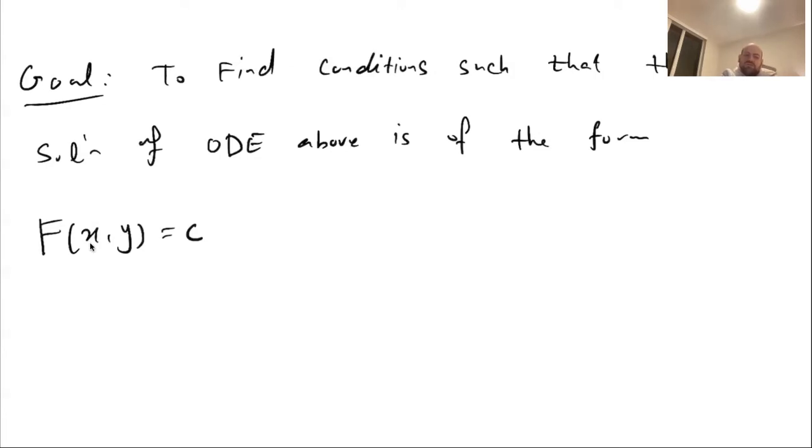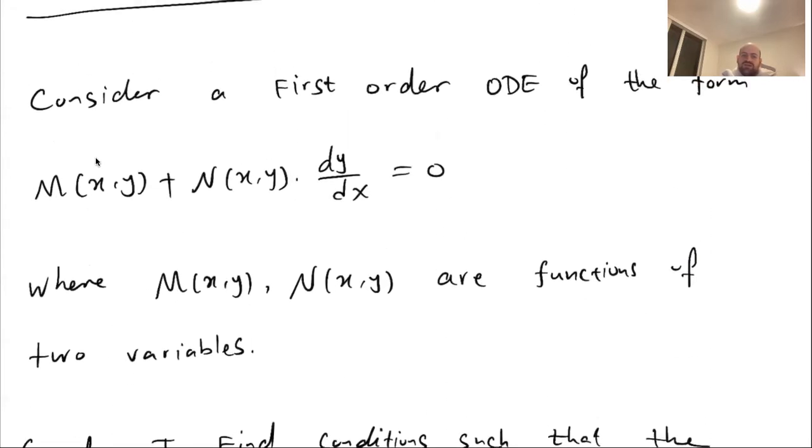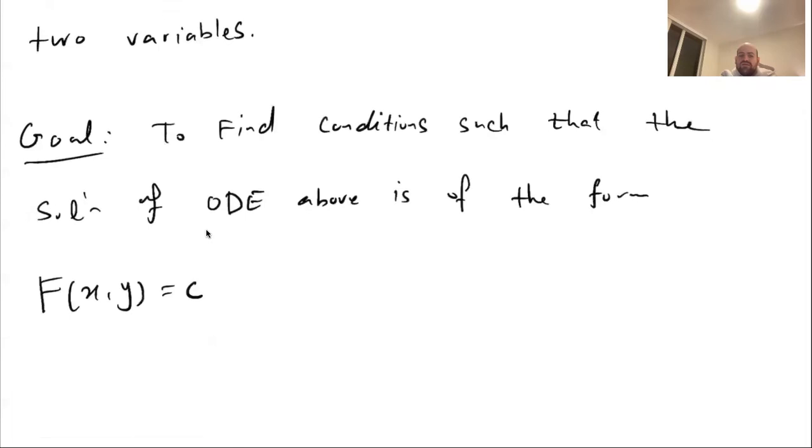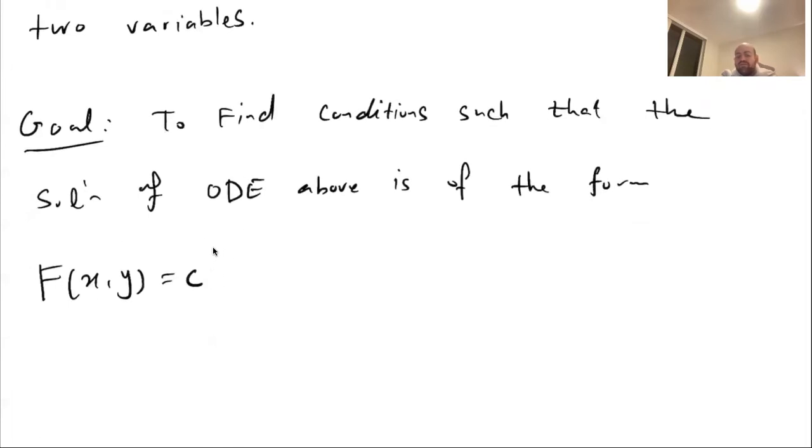So we want to consider this arbitrary form of implicit equation. We want this to be the solution of this. We want to know under which circumstances, what type of condition should we put on M and N, so that this equation has a solution of this form. And of course, we want to find the solution as well.